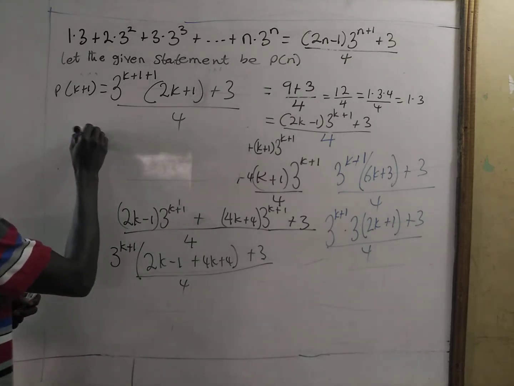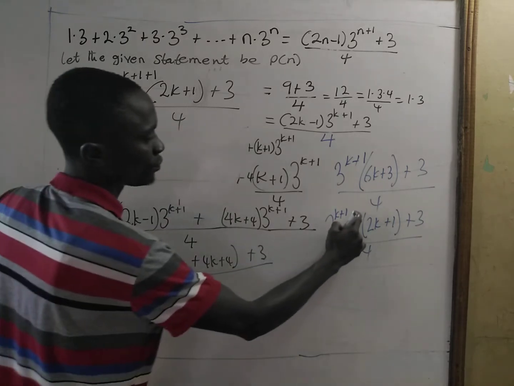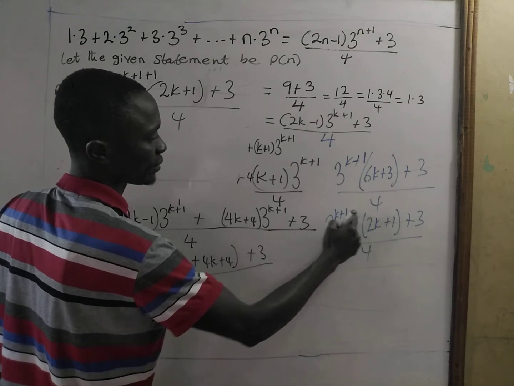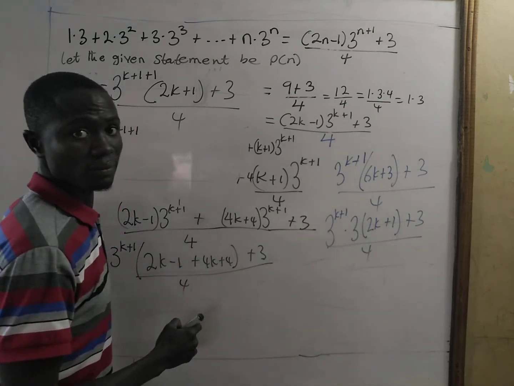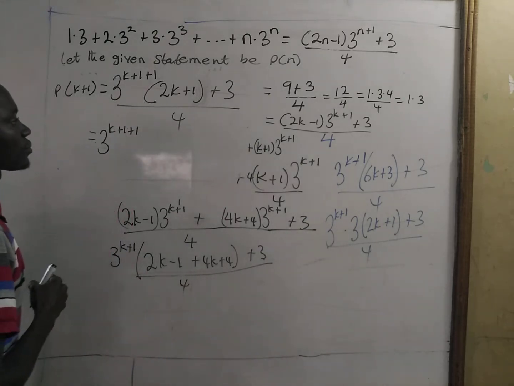Now, we are going to have 3 to the power k plus 1. This 3 has power 1, so we add power 1 to k plus 1. That is the product law of exponents.